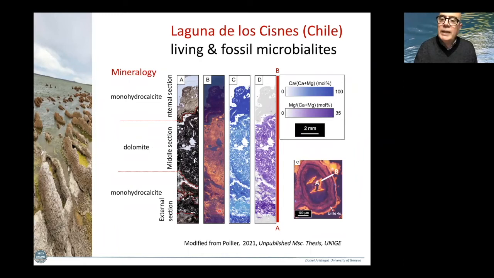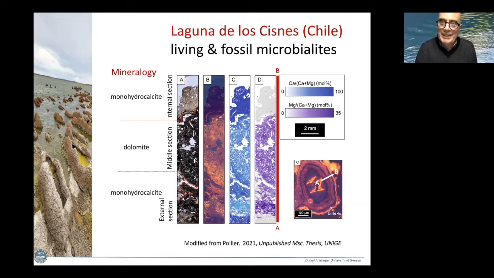And what we identified is that these different compositions are monohydrocalcite in the external section and dolomite inside, in the central part. When Clément first showed me this, I said, well, are you sure that it's dolomite?